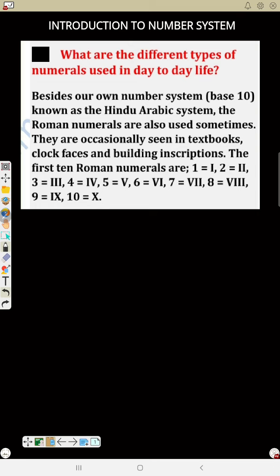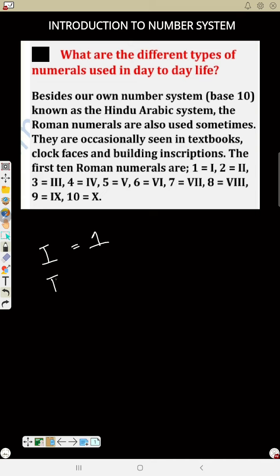Besides our own number system, base 10, known as the Indo-Arabic system, the Roman numerals are also used sometimes. They are occasionally seen in textbooks, clock faces, and building inscriptions. The first 10 Roman numerals are, that is I, number 1.